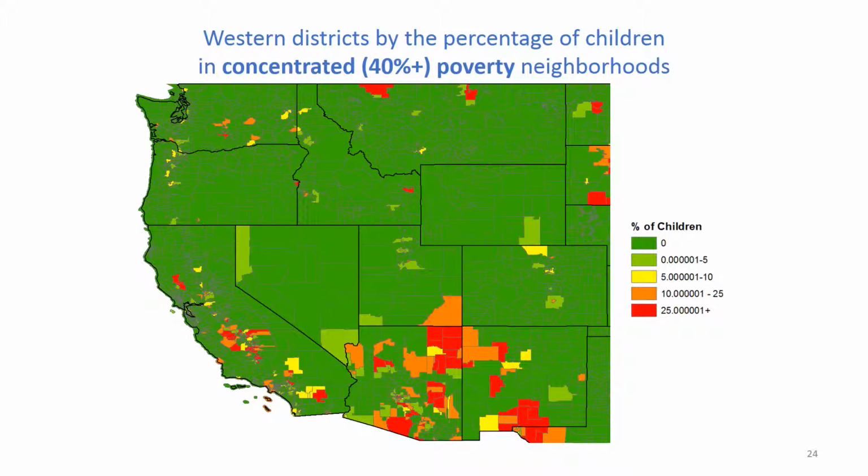Now, before I move on, I just wanted to note a couple of caveats of our district analysis. The first is that these are really conservative estimates in that they're looking at all children living within the boundaries of a school district.